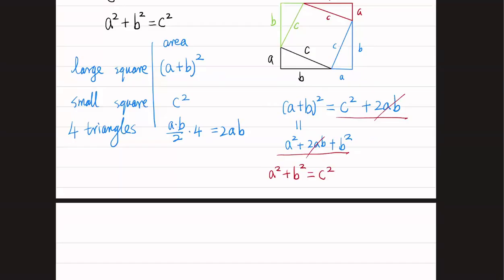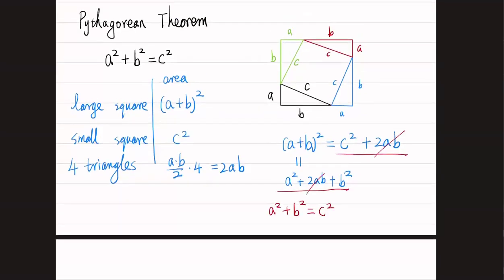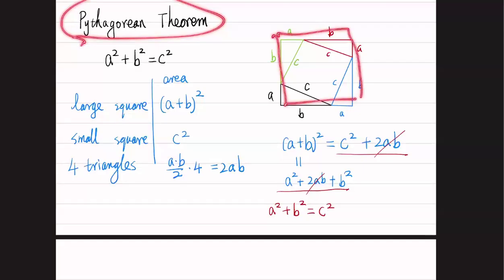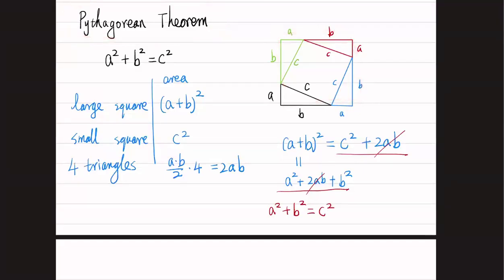okay, so this is how we prove the Pythagorean theorem using these squares. How did we construct this big square? We start with one right triangle. I place another one over there, a third one, a fourth one.